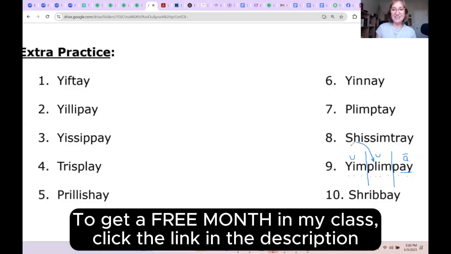Okay, so this I says I because the next two letters are consonants. This I says I because the next two letters are consonants. AY says A at the end, our new reading hack for the day. First syllable, yim, yim. Putting yim on the shelf. Next syllable, plim, plim. Putting those two together.